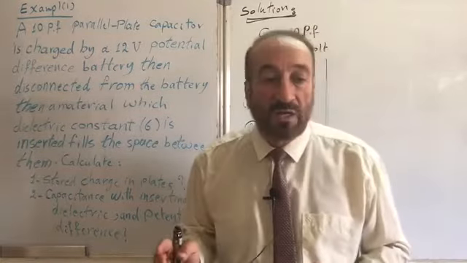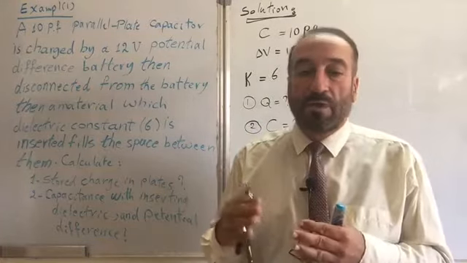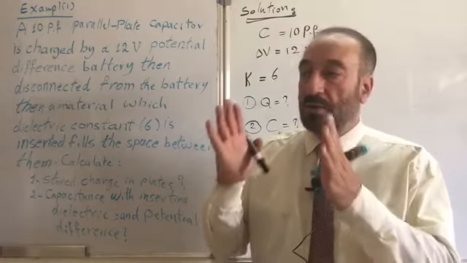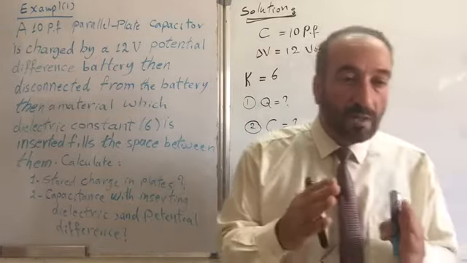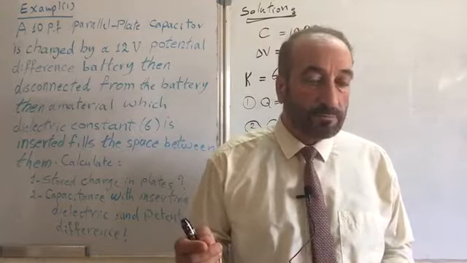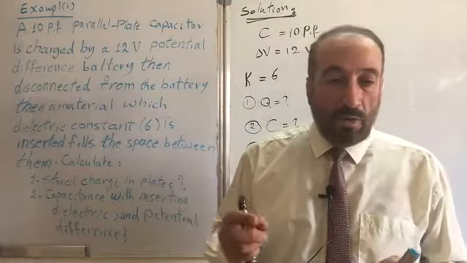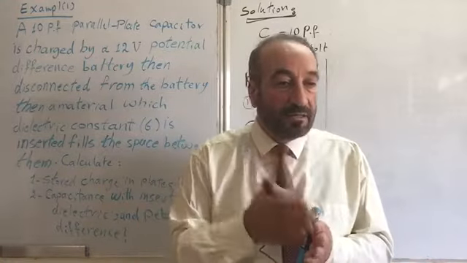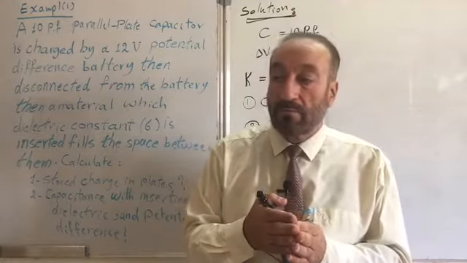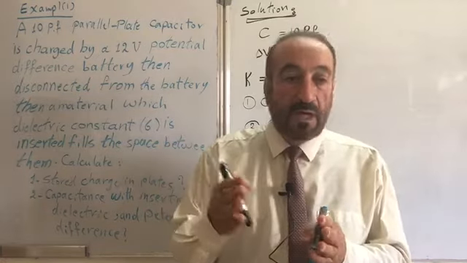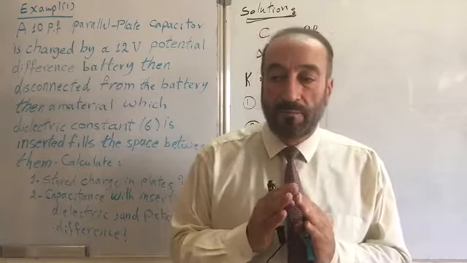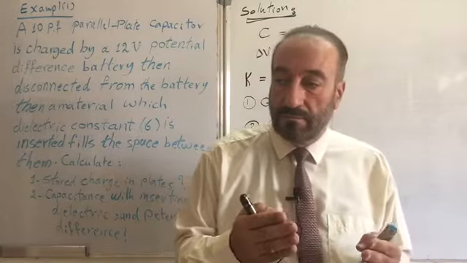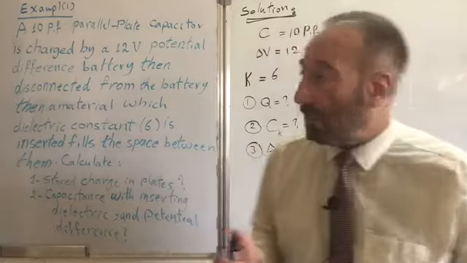And this capacitor is connected to a battery of 12 volts. The voltage difference between the two plates now is 12 volts. And then we disconnect the battery and we insert a dielectric material, K equals 6, between the two plates. Now the capacitance should be increased. It's changed. Okay.